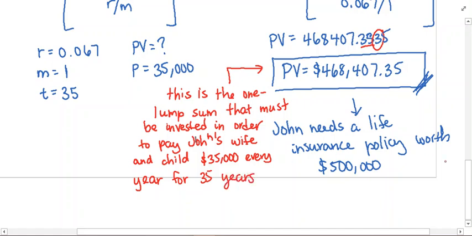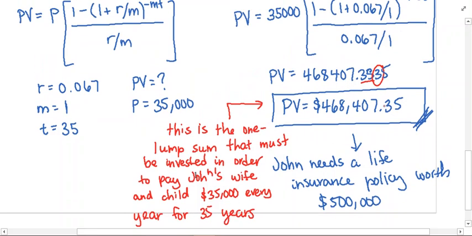By that one lump sum being invested, the wife and child will be able to receive $35,000 every year for 35 years.